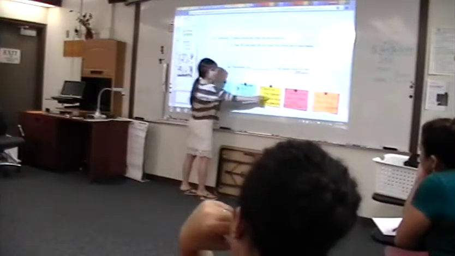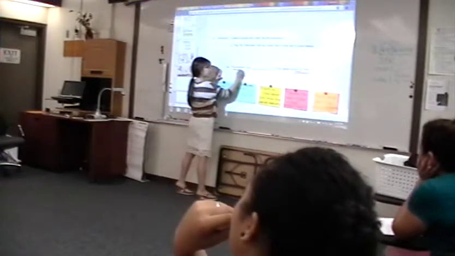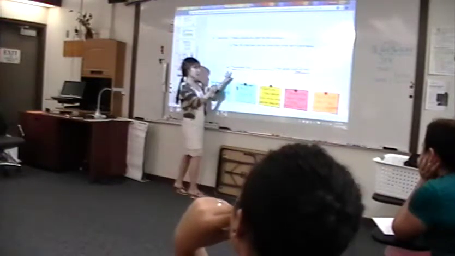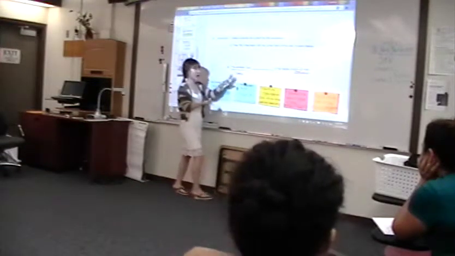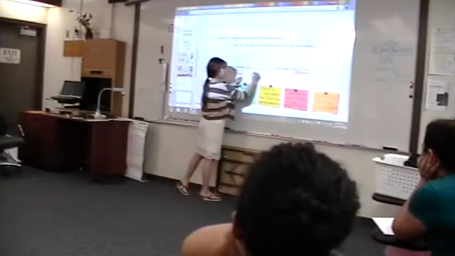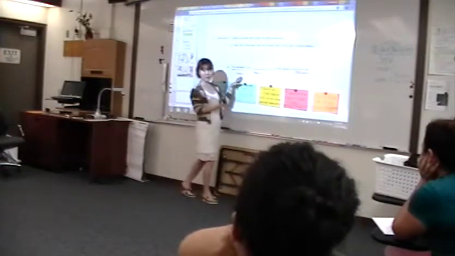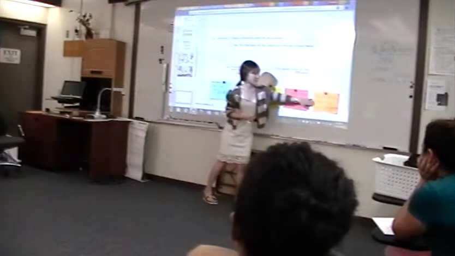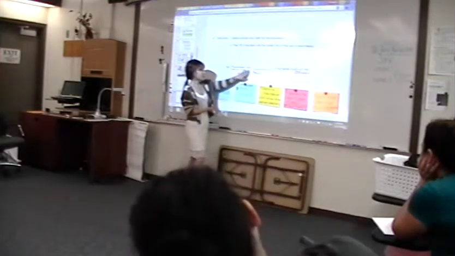I always look for my subject. My subject is the athletes, right? The athletes is plural. So I choose have. Right. And then what's the next step? Decide the verb form of the past participle.